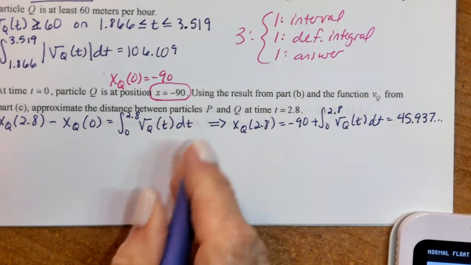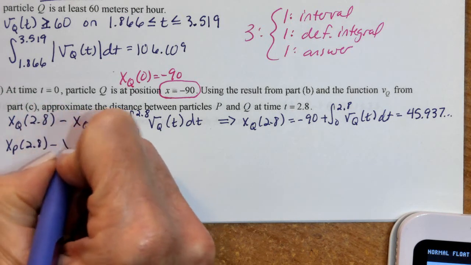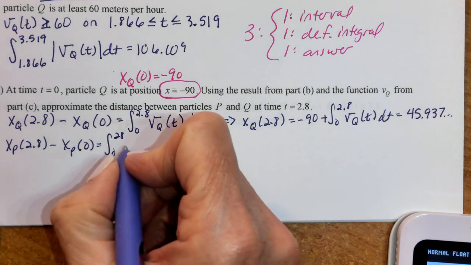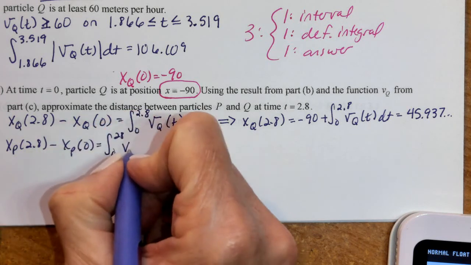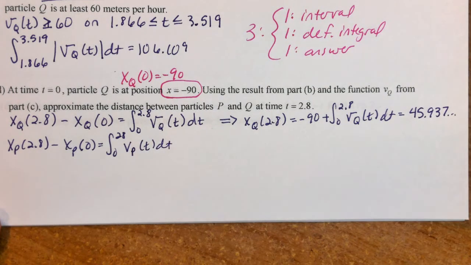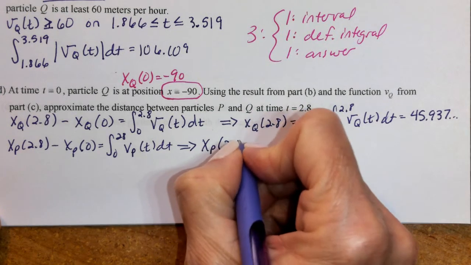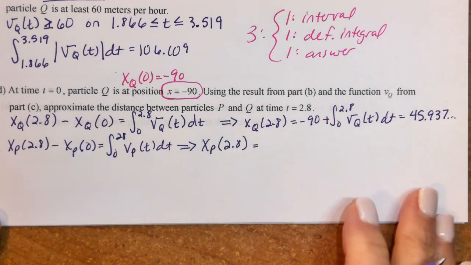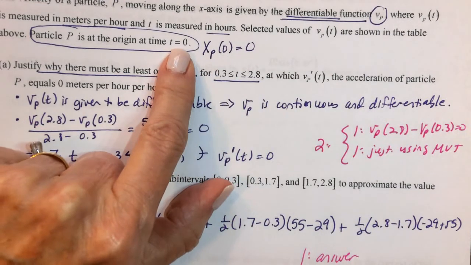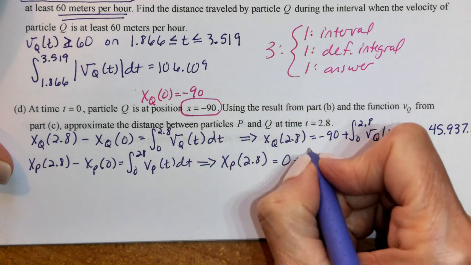Now I'm going to do the same thing for particle p. So x sub p at 2.8 minus x sub p at 0 will be the integral 0 to 2.8 of the x prime of p, which is the velocity of p, right there. Which means x sub p, the position of p at 2.8, will equal my initial position for p, which they gave me as 0, plus this integral.